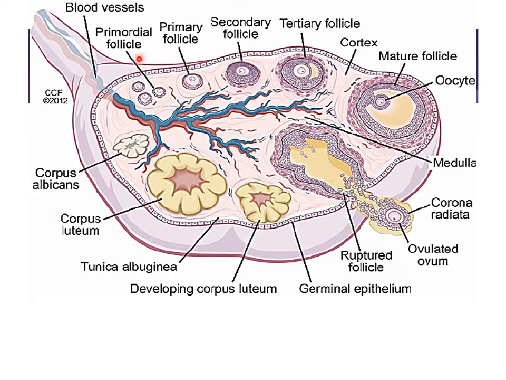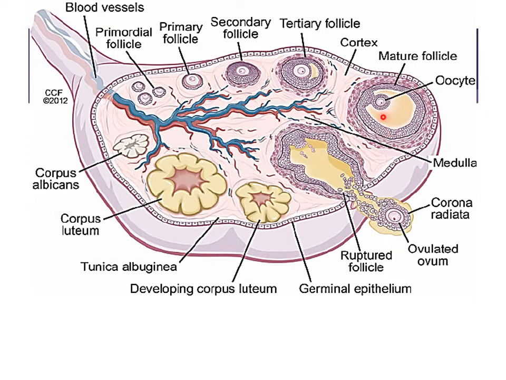This slide shows the ovary. Here are the primary follicles. There are numerous, but only one will grow and reach maturity. These are the primary, secondary, and tertiary follicles. Only one will reach maturity, and the others will degenerate. As you can see, this is the oocyte inside the mature follicle, which is named the Graafian follicle.